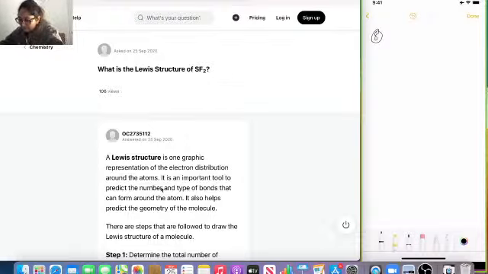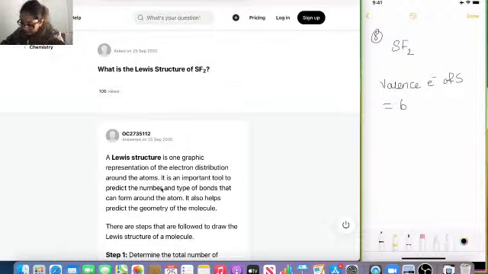So the steps to do this, so we have SF2, and what we're going to do here is calculate the total number of valence electrons. We have sulfur here and we have fluorine. The number of valence electrons of S is 6, right?